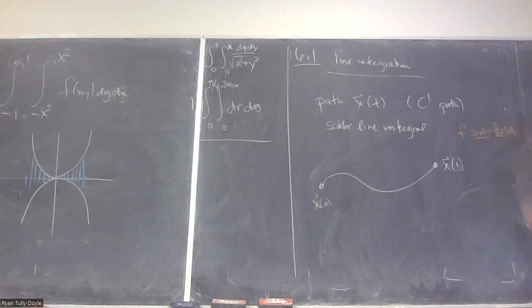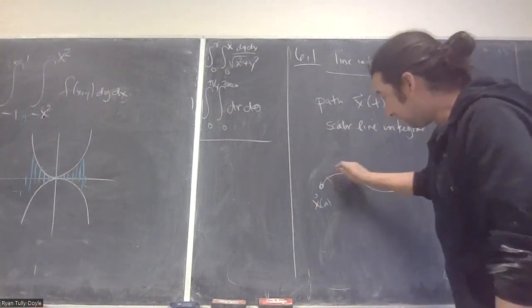And by a scalar field, what I mean is to each point, f assigns a number. Every x and y that you feed f, a number comes out, right? f of any x and y is equal to, I mean, we'll call it z, but I don't want you to think about this as a surface. I want you to think about it as like a temperature being attached, right? It's a number. So what does f do to a path?